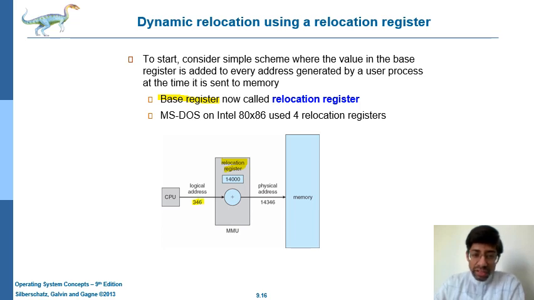So this 346 would be considered as an offset value and would be added to the relocation register value. So it will generate a new address, 14346, which will be the exact location in the main memory where the desired data value is stored.